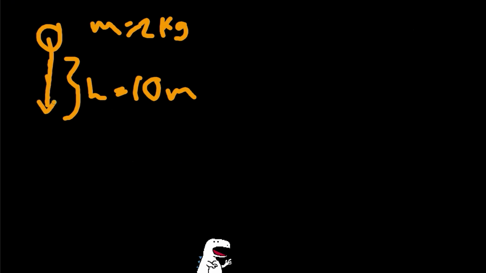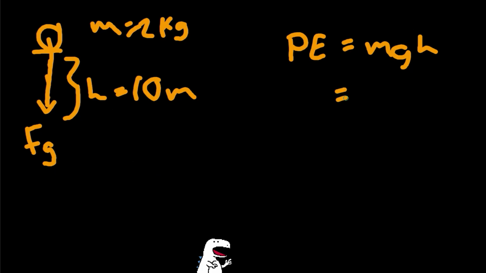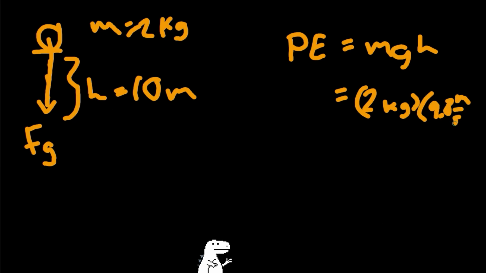And now let's say we have the arrow downwards, which is the Fg applied on it, which means that if the ball was just sitting here, 10 meters above the ground, then the potential energy of this ball would be Pe is equal to mgh, which will be equal to 2 kilograms multiplied by 9.8 meters per second squared times the height, I'm running out of room, of 10 meters.